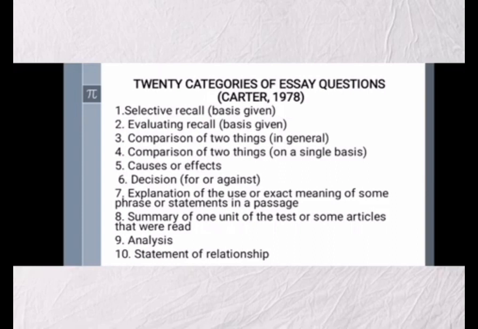Example, summarize the advantages and limitations of essay tests in not more than one page. Number 9, analysis. Example, does national testing improve students' learning? Number 10, statement of relationship. Example, why does validity imply reliability but not the reverse?